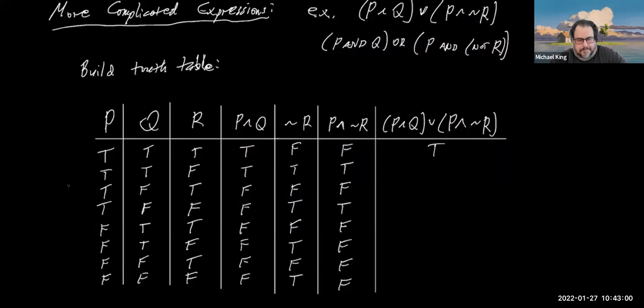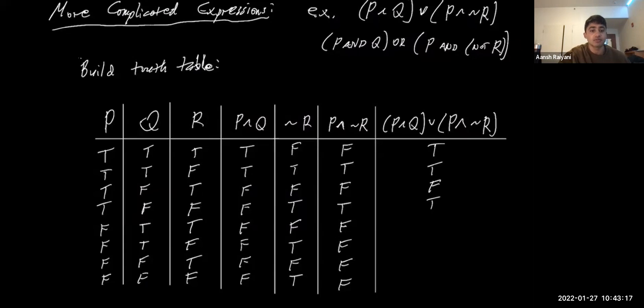Volunteers. Okay, great. So we have true, true, false, then true, and then the rest are false.